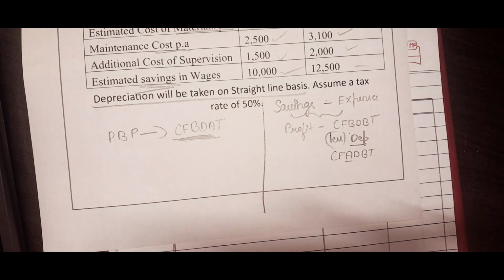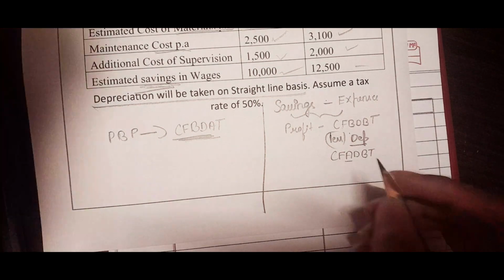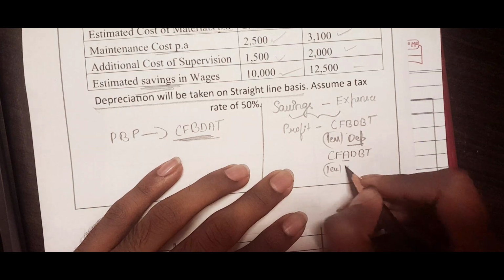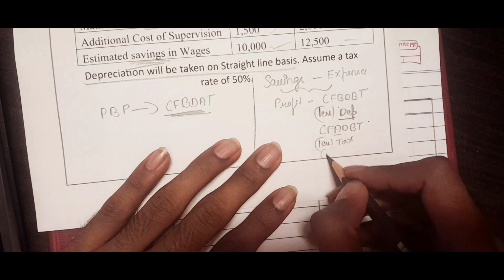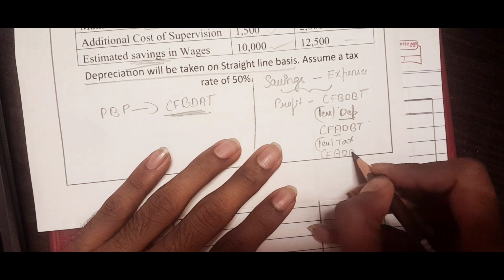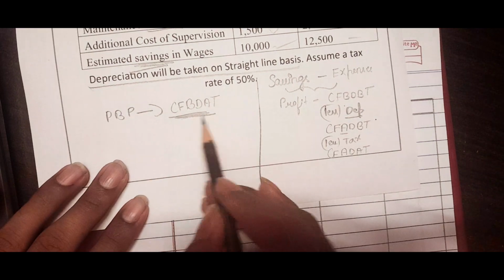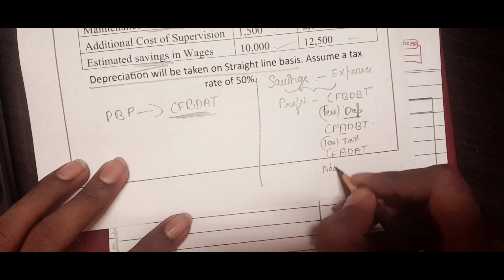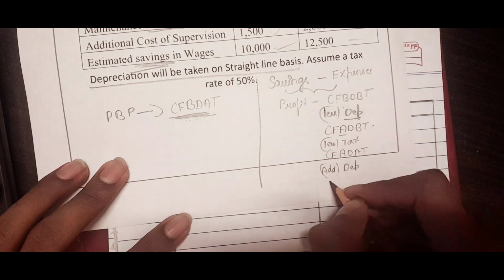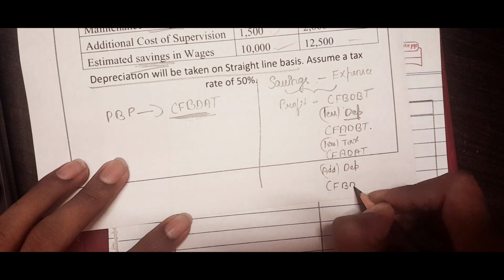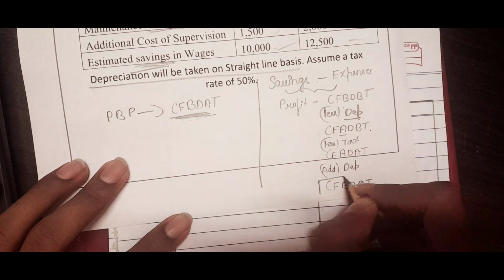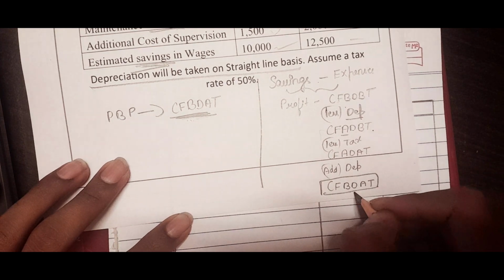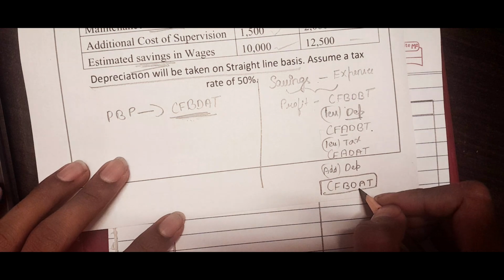Now from this we can deduct tax. When we deduct tax, it becomes CFADAT, but we want CFBDAT. So again for that we need to add depreciation. That time we will get CFBDAT.